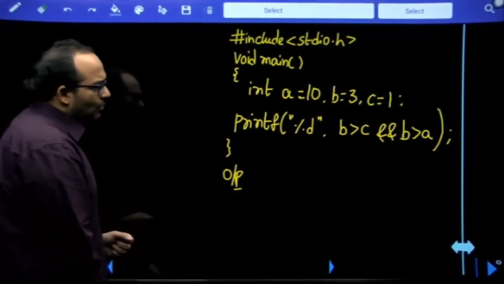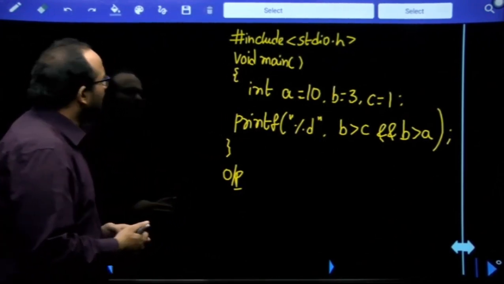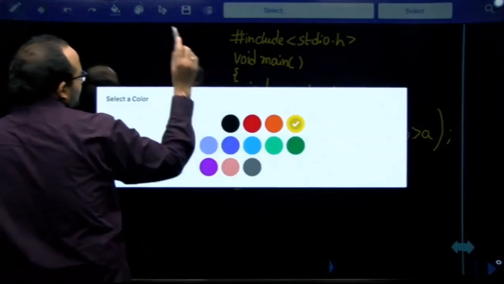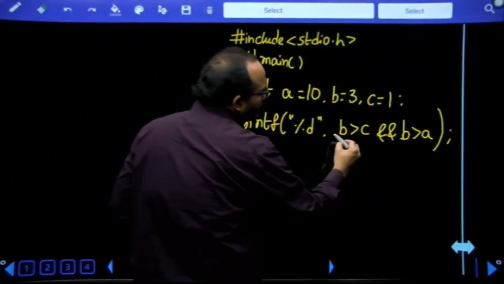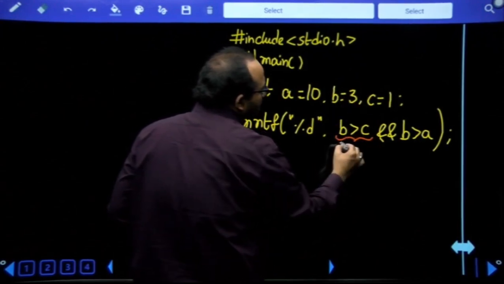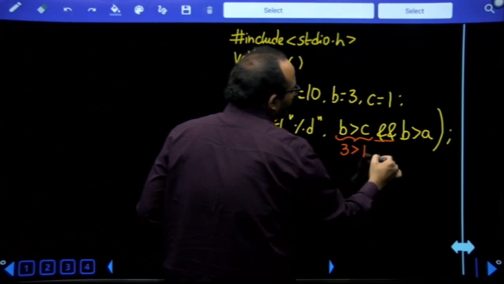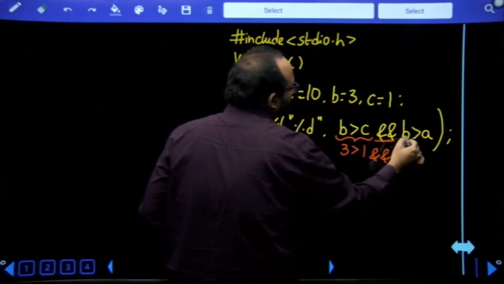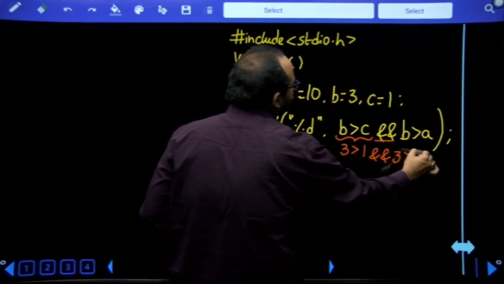This type of aptitude question will be asked in interviews. So let's evaluate how this is going to produce the output. First of all, b greater than c is evaluated as 3 greater than 1, and then write down logical AND. B greater than a, that is 3 greater than 10.